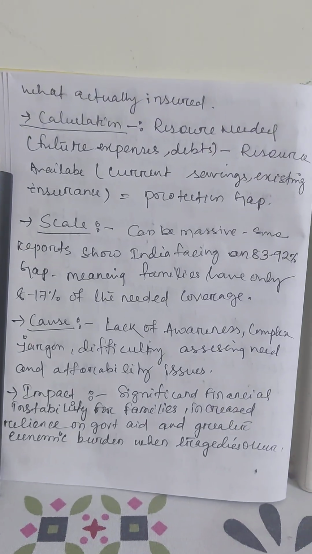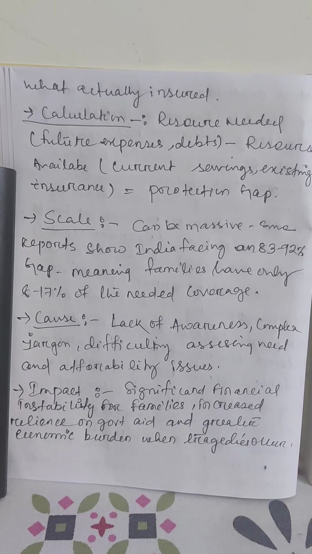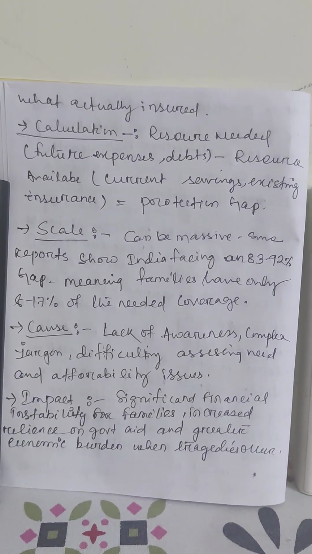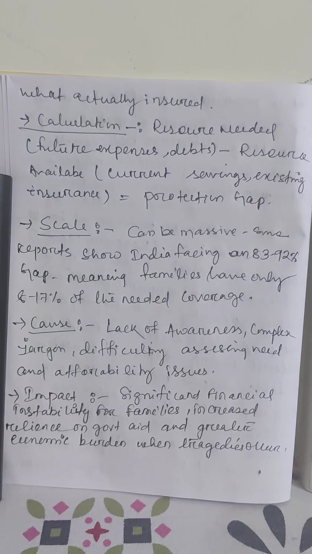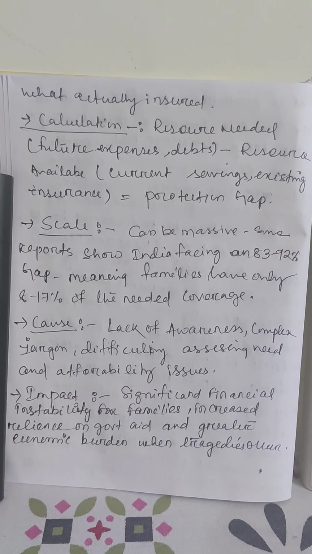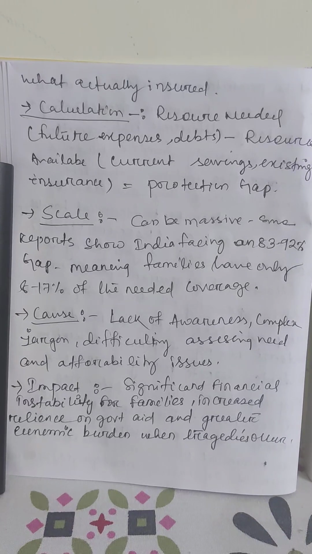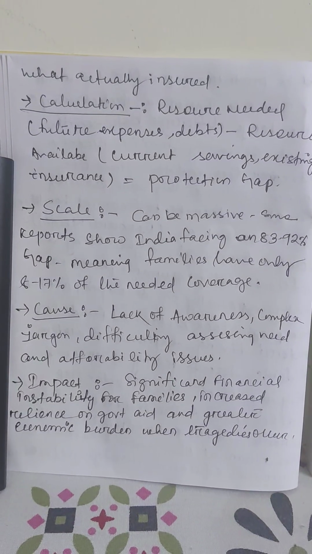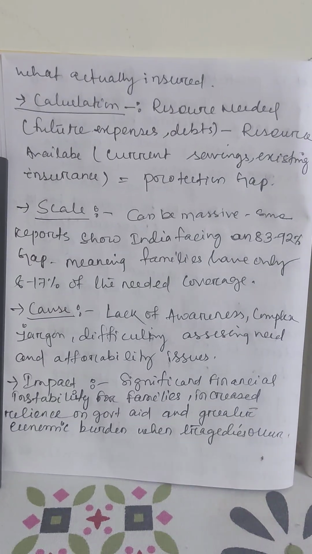It can be calculated like what I said: resource needed, like future expenses, debts, minus resource available, meaning current savings, existing insurance, is equal to the protection gap. That means the protection gap is actually the difference, the gap between the resource needed and the resource available.